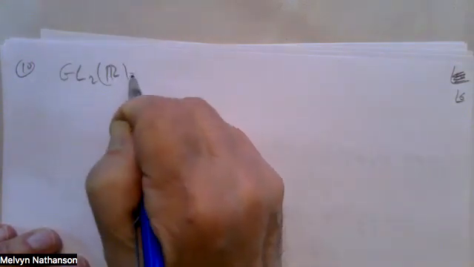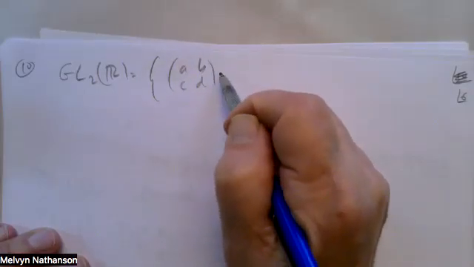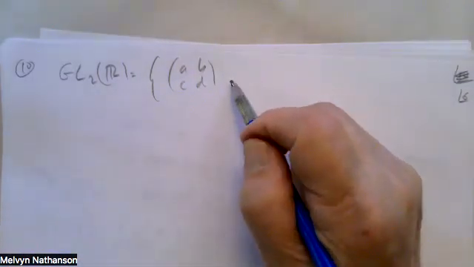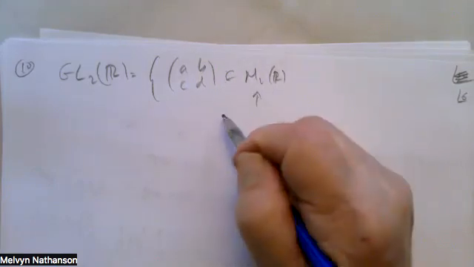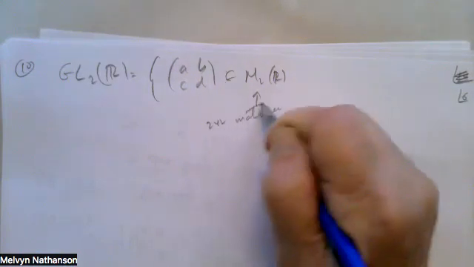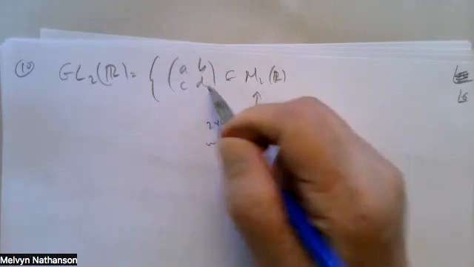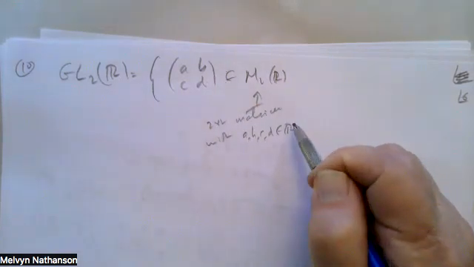Problem 10. I have what is called GL2R. So this is the set of all 2x2 matrices, a, b, c, and d in M2 of R. This means 2x2 matrices with the numbers a, b, c, and d real numbers.